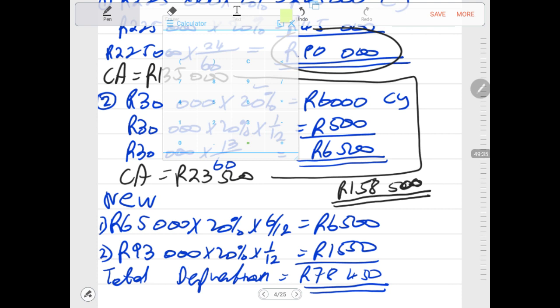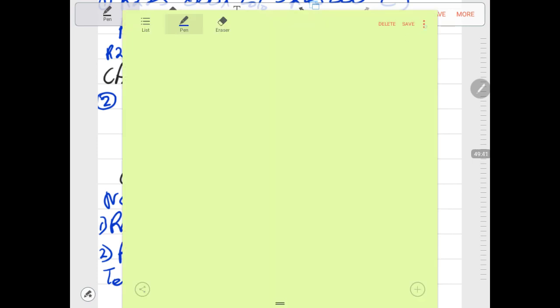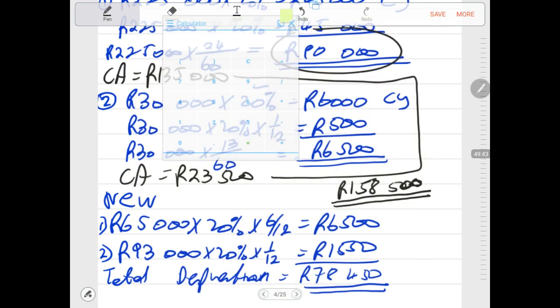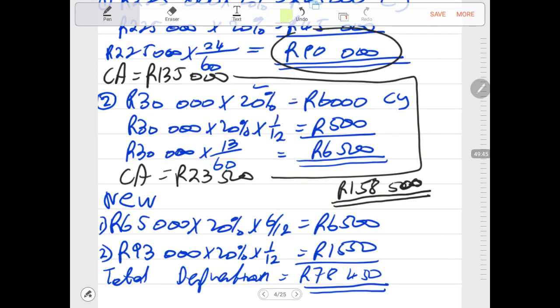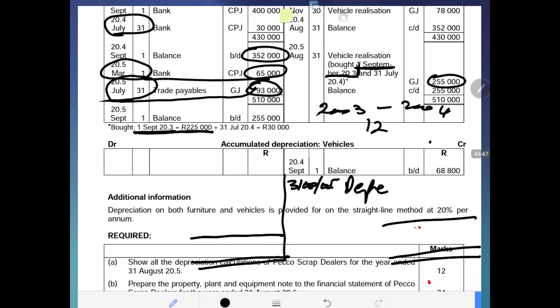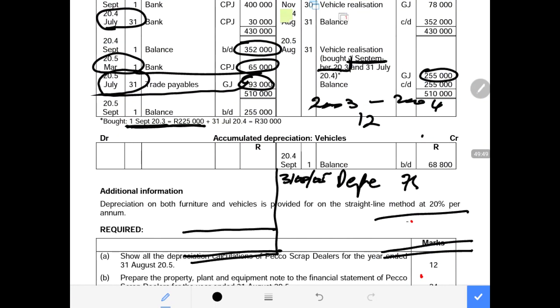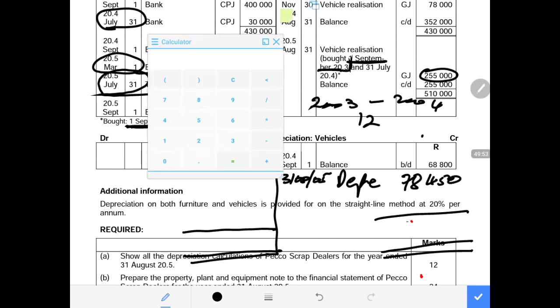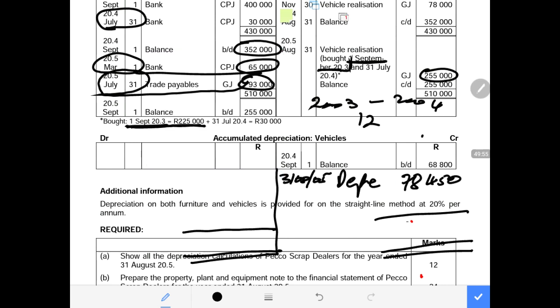So that 78,450 must be recorded under the accumulated depreciation ledger account, and that's all that we needed.